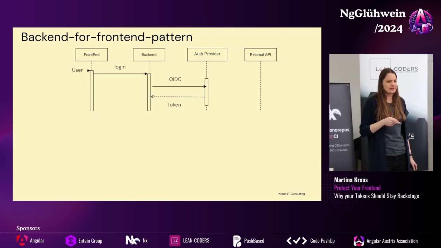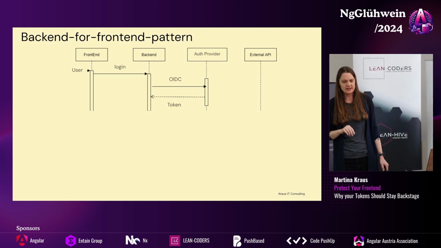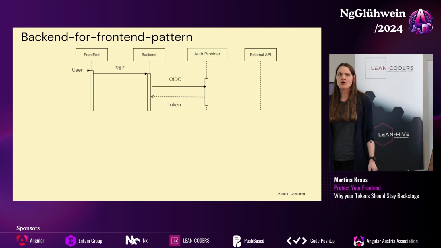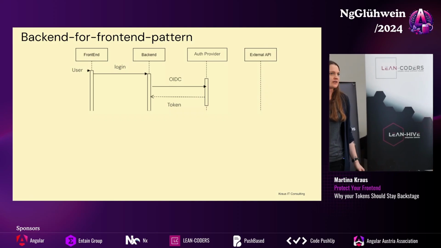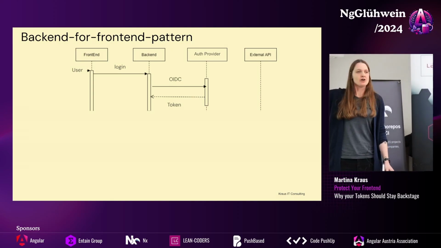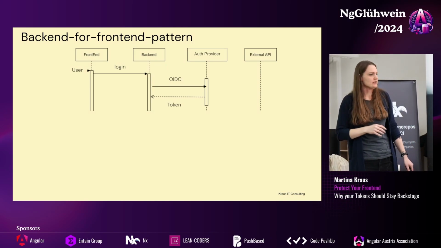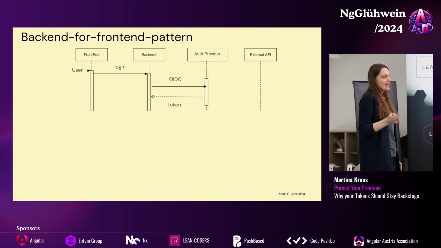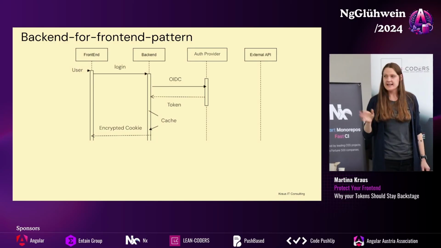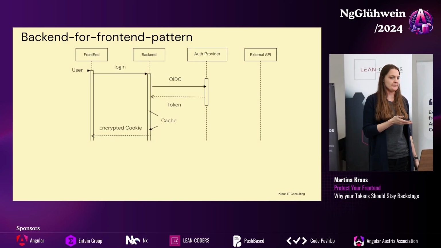And now you have 2 possibilities for what to do with the token. One is to store it in a database in the backend for frontend, and of course the backend is doing the whole refresh token rotation and whatnot, all the other security features that we can apply here, and we're sending to the frontend a cookie.